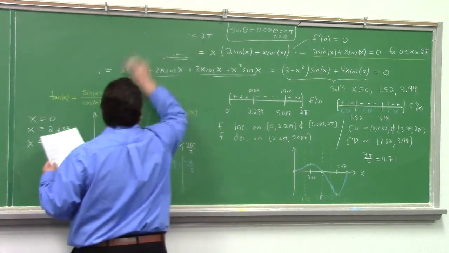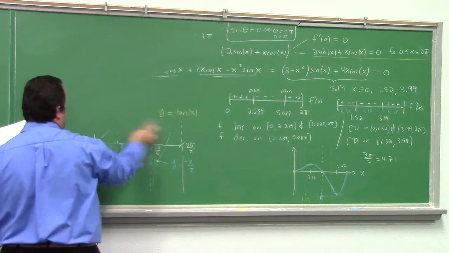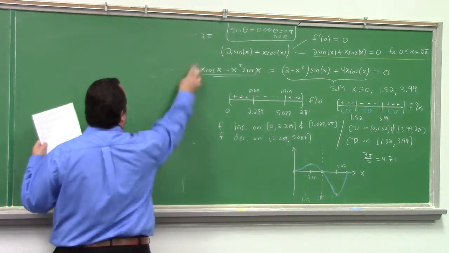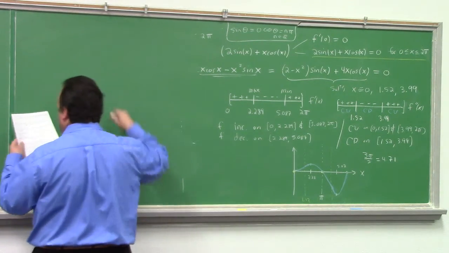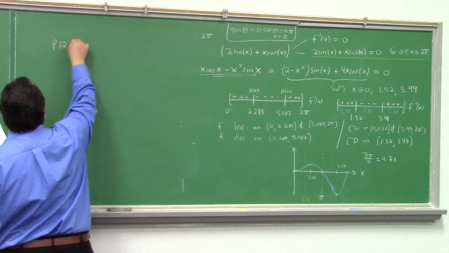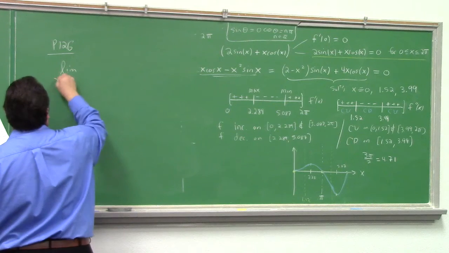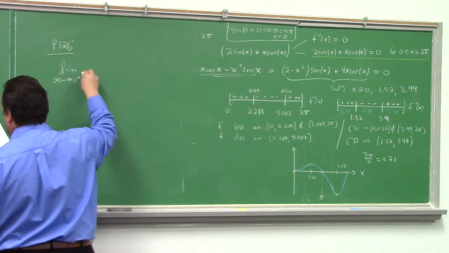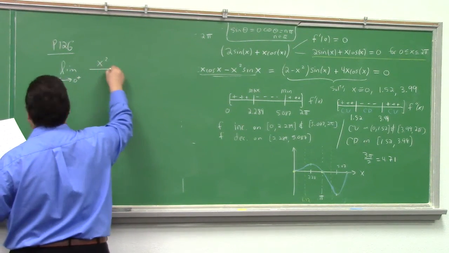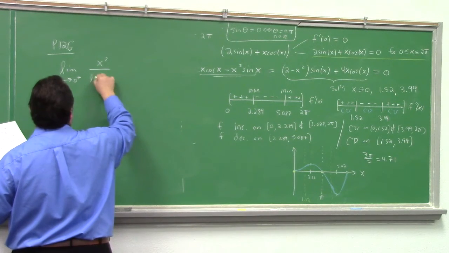Let me make a quick list of my sins in terms of problem statements. To make 126 make the most sense, I should have written the limit as x goes to 0 from the right of x squared over the natural log of 3x.